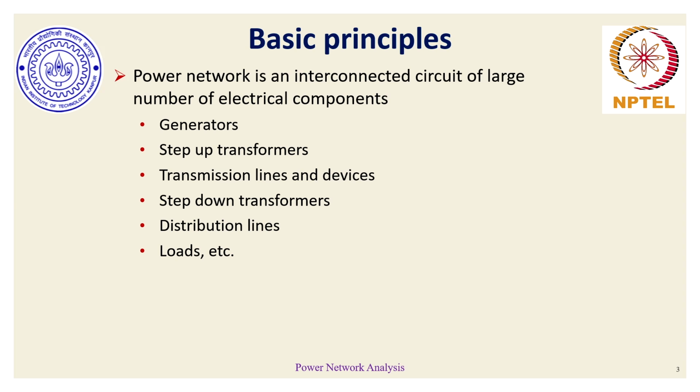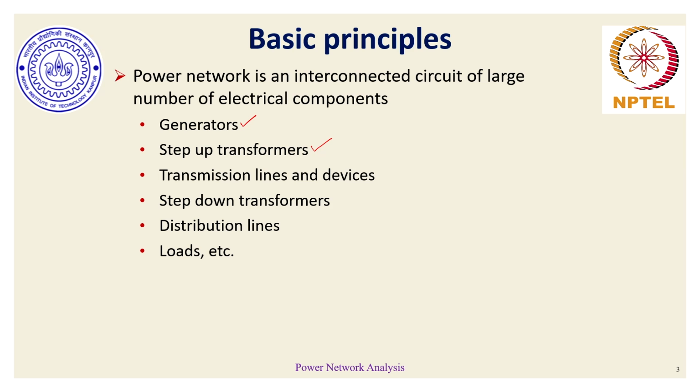The different components or elements that exist in this power network range from generators, which typically generate electrical power at a few tens of kVs, and then this power is stepped up to high voltage through step-up transformers so that the associated I square R losses are minimized while transmitting this power from generating stations to the load ends.